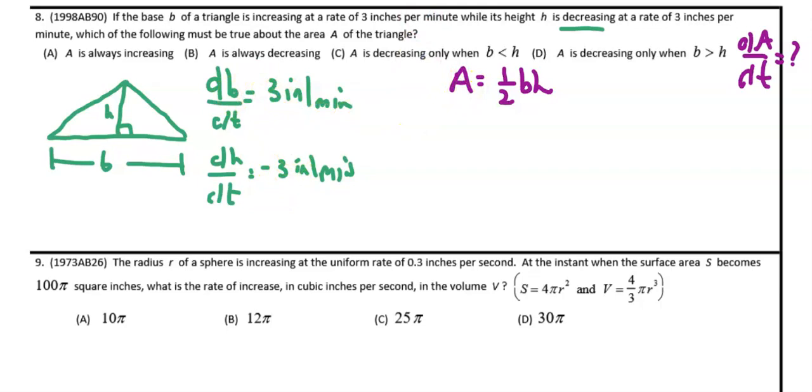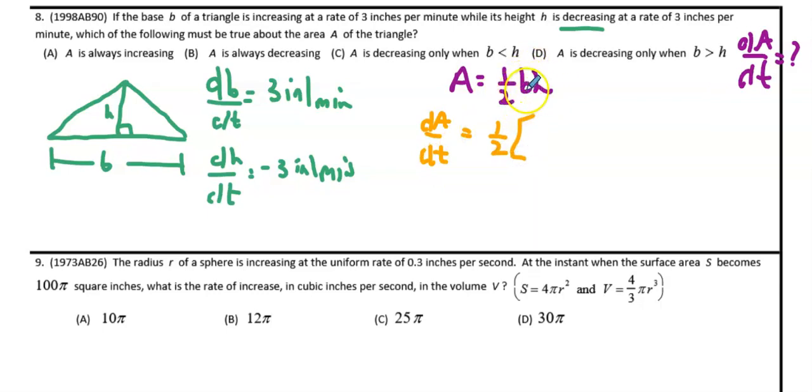The first thing I'm going to do is implicitly differentiate this, because I need to introduce dA over dt to my equation. So dA over dt is the left side. It's just like x, where the derivative of x is 1, but because it's area, it's the change in area with respect to time. Then I'll do the 1/2 here and put a little parentheses, because we have to use the product rule.